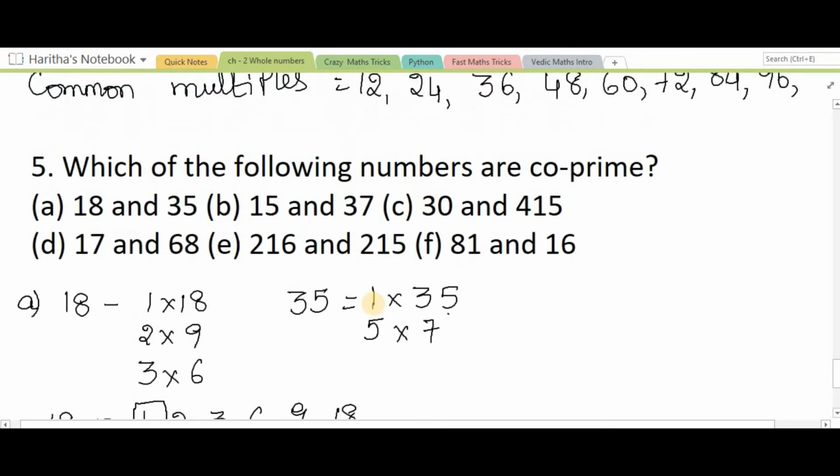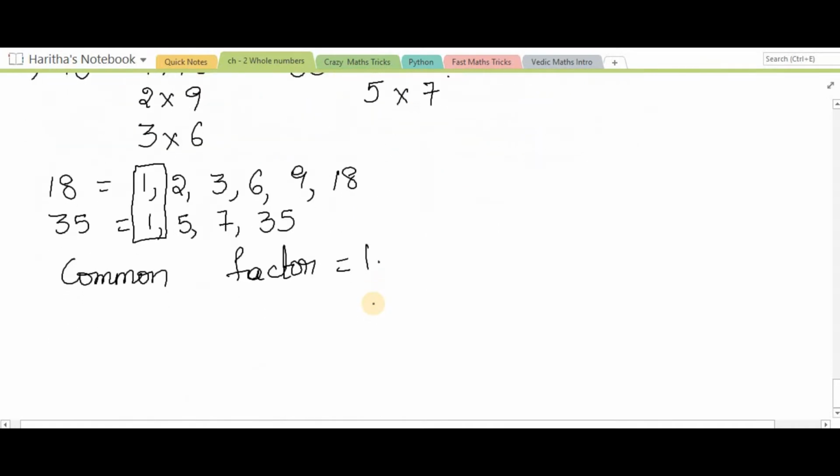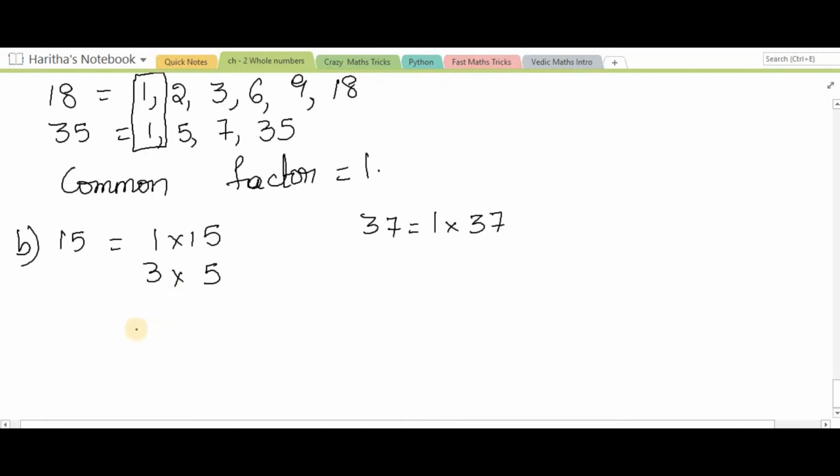In the same way, we'll find out for the next one, that is 15 and 37. See friends, co-prime numbers need not be prime numbers. It is not compulsory that the numbers should be prime. That condition is there only for twin primes. As we already know, 37 is a prime number, so we will get only the factors 1 and 37.